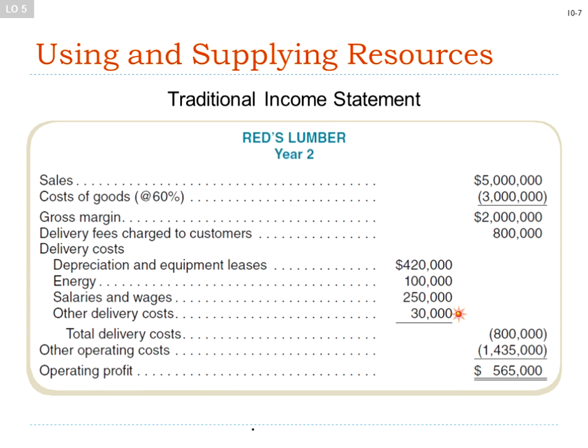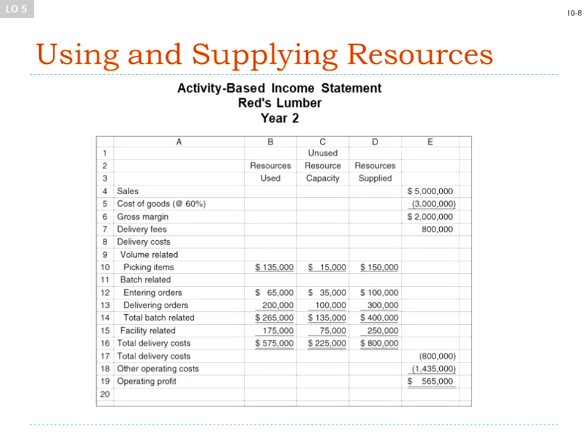But one thing to notice is that these types of income statements aren't super helpful to the cost management team. They're going to want something broken down a little bit more, something that looks a little bit more like this.